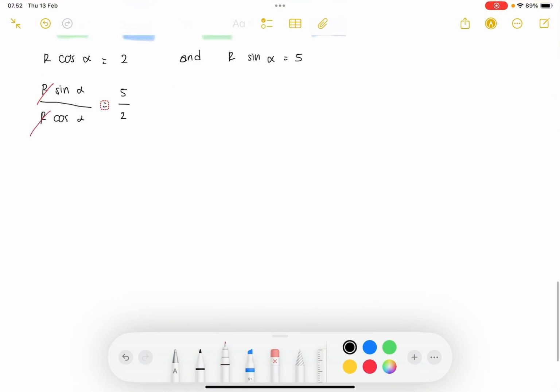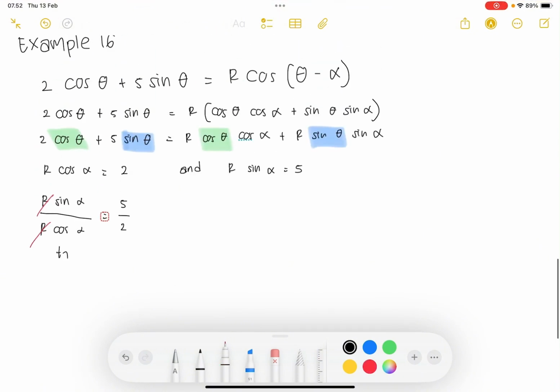This gonna be tangent alpha, 5 over 2. If you use your calculator, you will come up with the value of alpha 68.2 degrees, right? After that, here for another one, we're going to find the r.